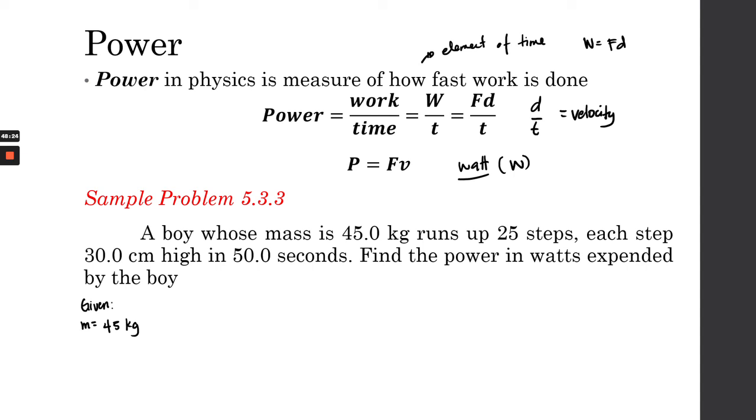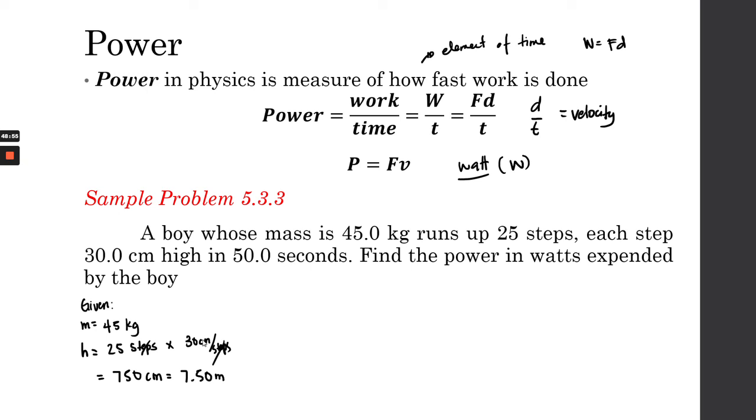What we just need is to measure the height, and we know that the height is 25 steps multiplied by 30 centimeters per step. Cancel the steps, and 25 multiplied by 30 is 750 centimeters, or 7.5 meters.